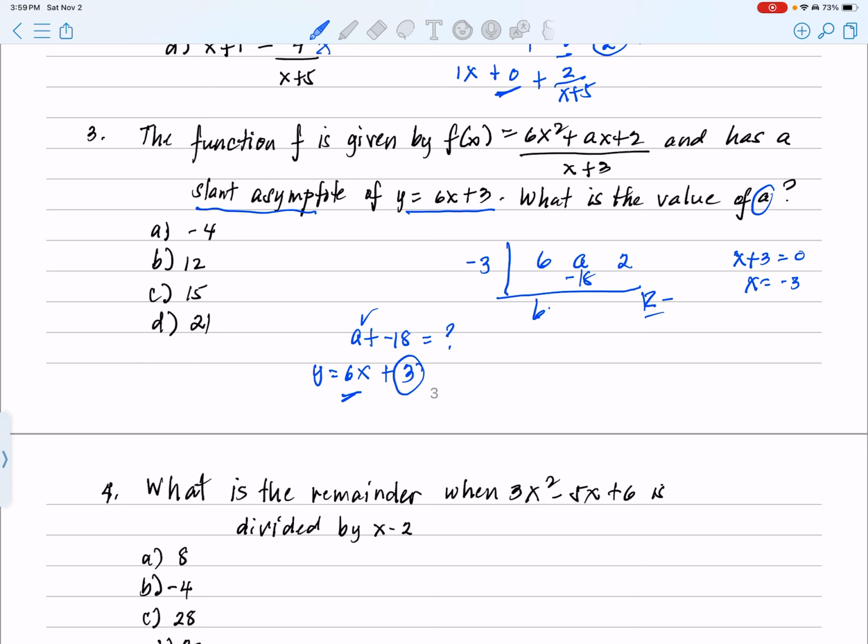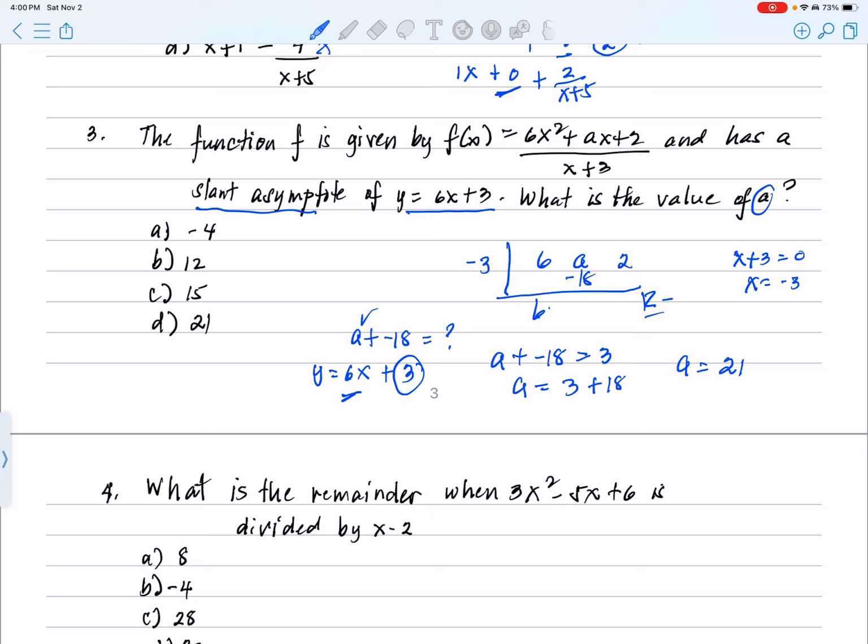So if a plus negative 18 equals 3, a would be 3 plus 18. a would be equal to 21.